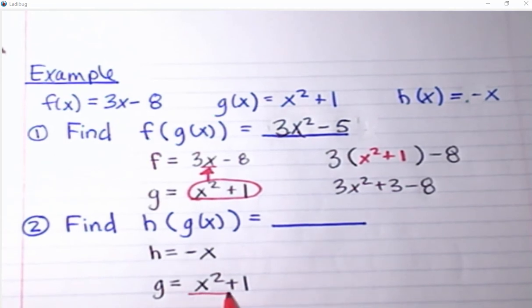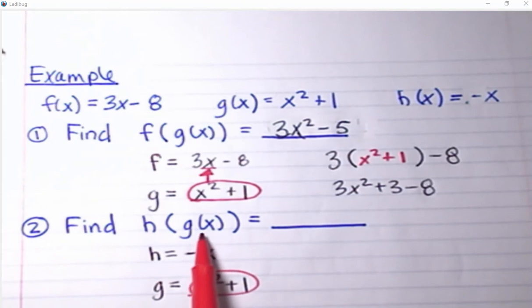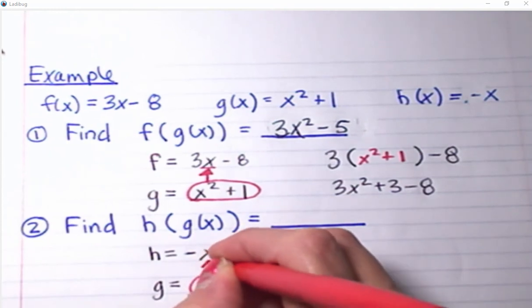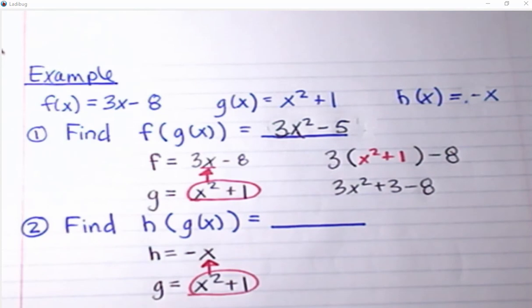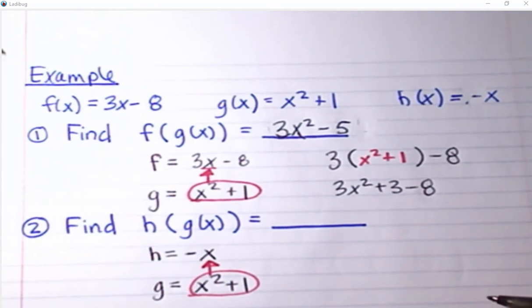Okay, so I'm going to circle this one. g is going into h. See how g is on the inside? g is going into h. It is replacing the x. When you replace things or substitute, you use parentheses. It doesn't matter what h equals, you just replace it.